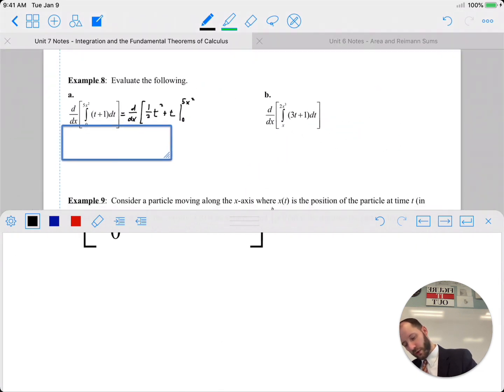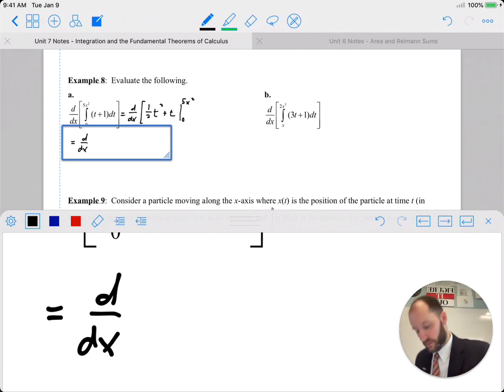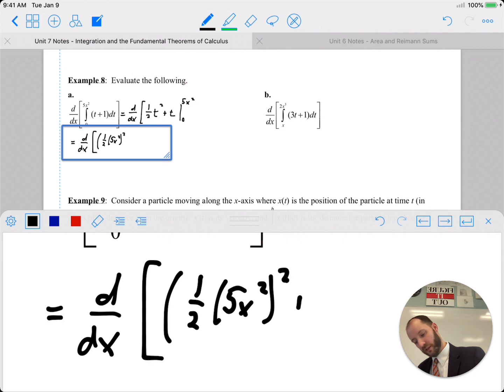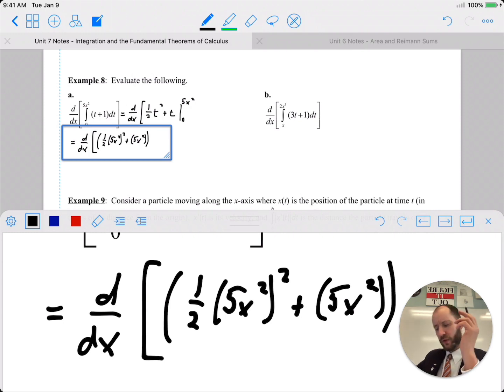So let's walk through that. So d/dx, we're going to plug in upper and lower bounds and subtract them. So bracket, 1/2 of 5x squared plus 5x squared. Did I do that right? So the t's are replaced with 5x squared. I think I'm good, okay.